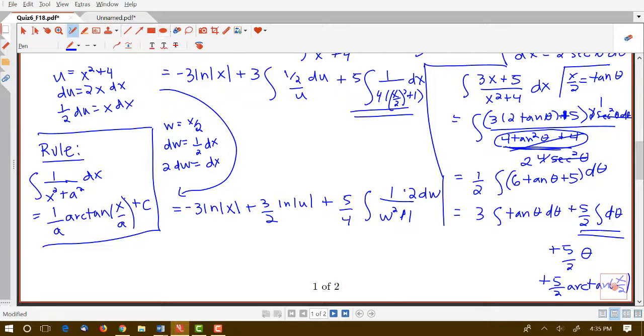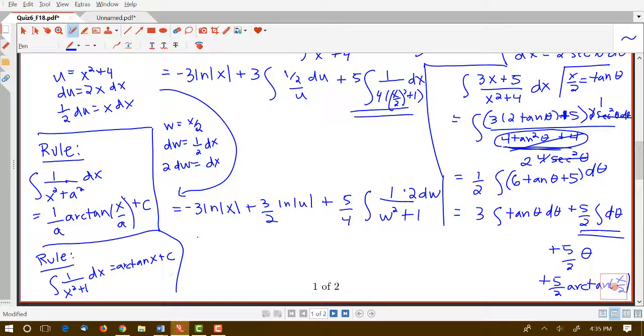And so now instead of having to remember this special case of the rule for the integral of 1 over x squared plus a squared, I can just use my standard rule that the integral of 1 over x squared plus 1 is equal to arctangent of x.